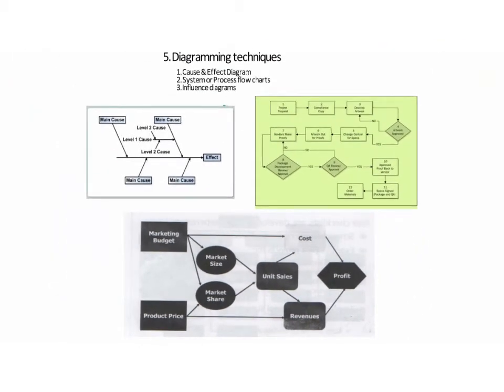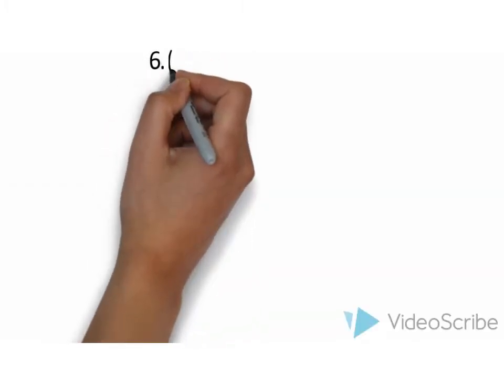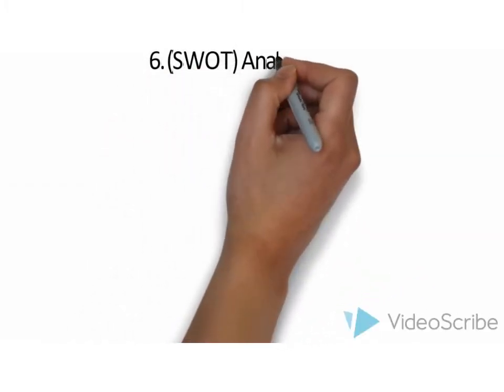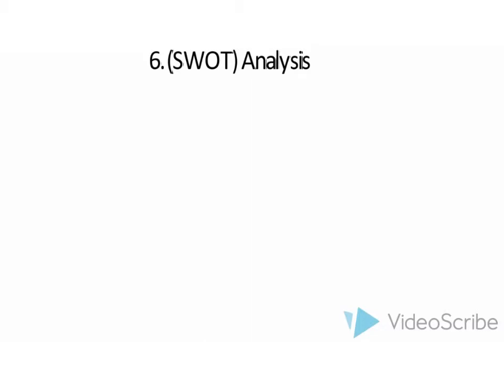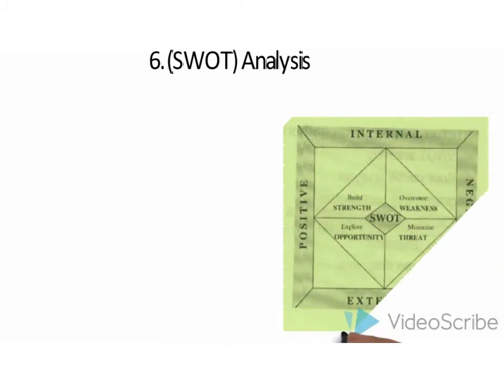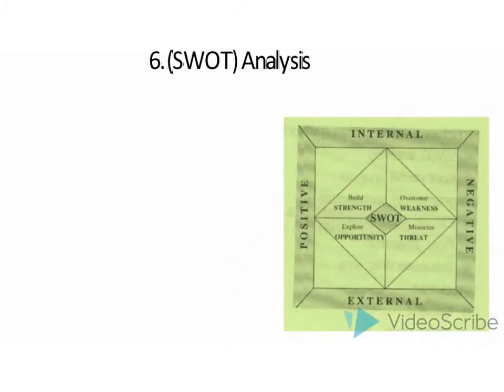SWOT analysis. This is the sixth tool and technique of identify risk process. A scan of the internal and external environment is an important part of the strategic planning process.